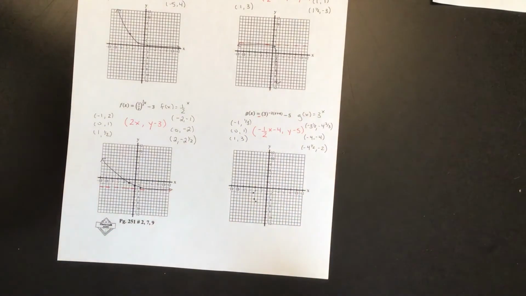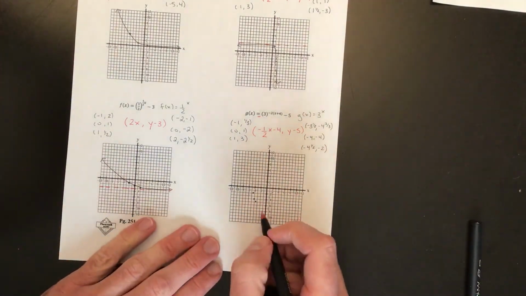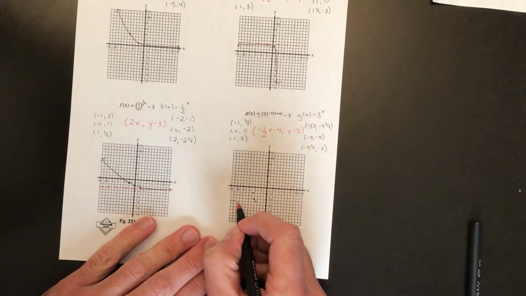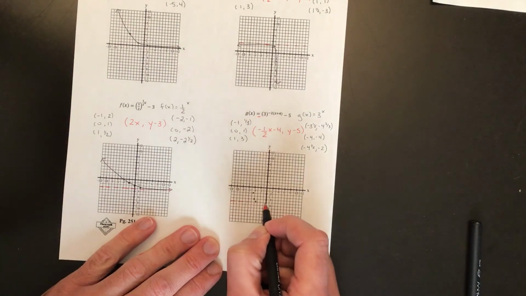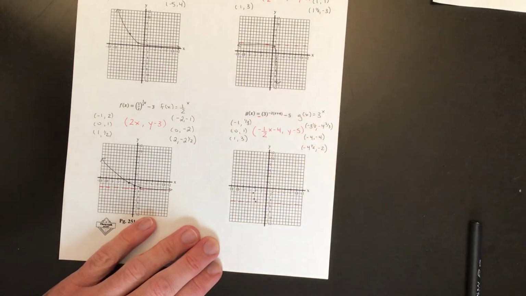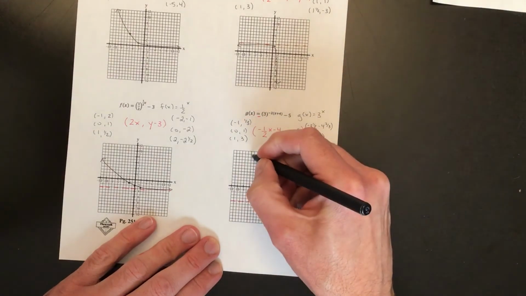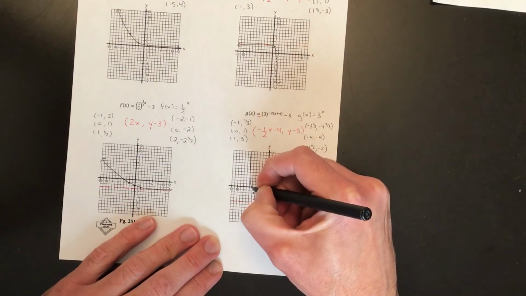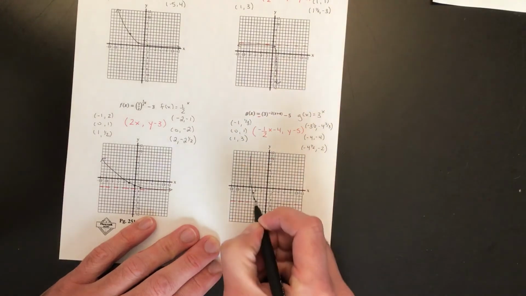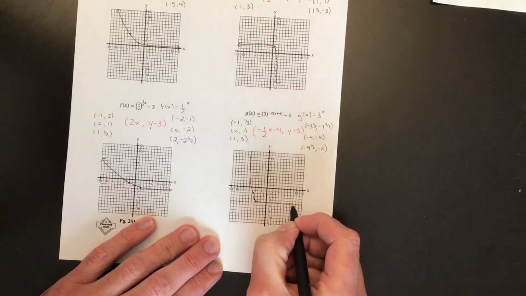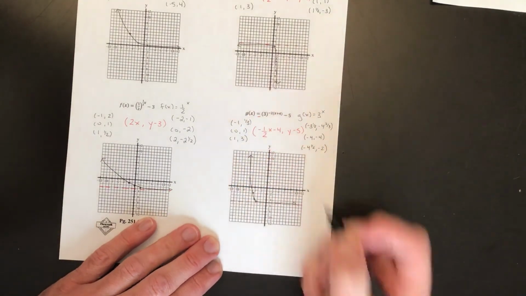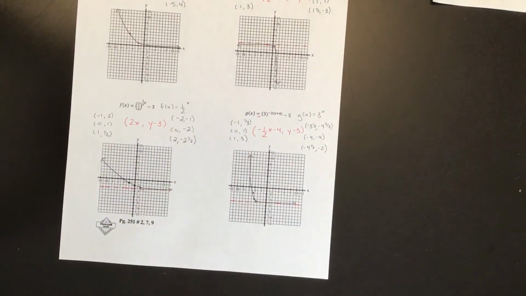It's kind of up here. Asymptote at -5. And again, come down, connect those 3 points, sharp turn, creating almost like an L. And there's our graph.